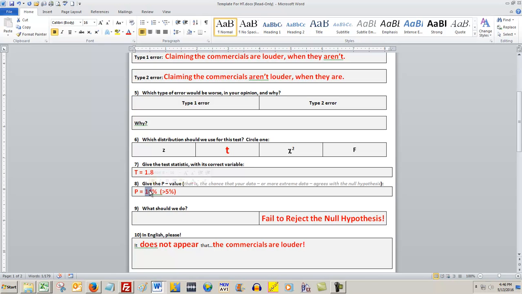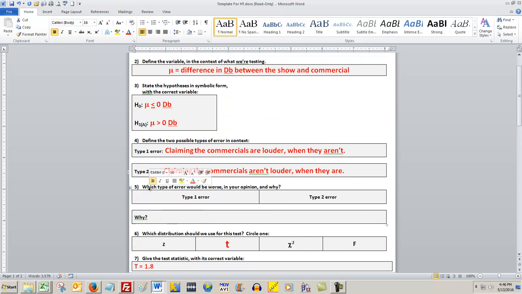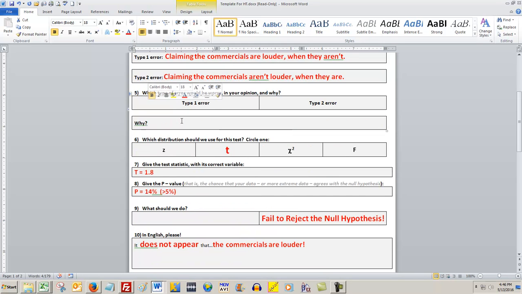A big p-value means the data you got agrees with the null hypothesis you were assuming. Your null hypothesis was that the commercials are fine. They're the same as the shows, if not maybe even less. A large p-value agrees with that. We were starting with the null, we're ending up with the null. So we don't reject it, we actually believe it, and it does not appear the commercials are louder.